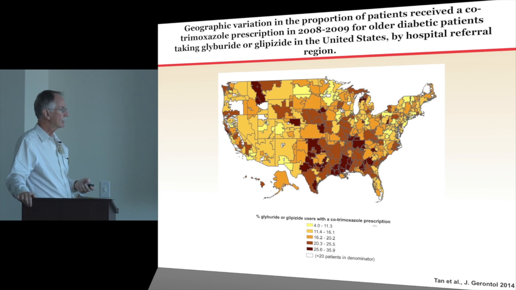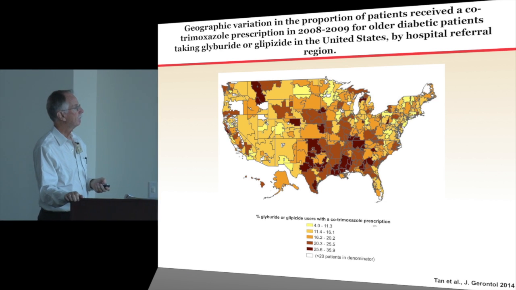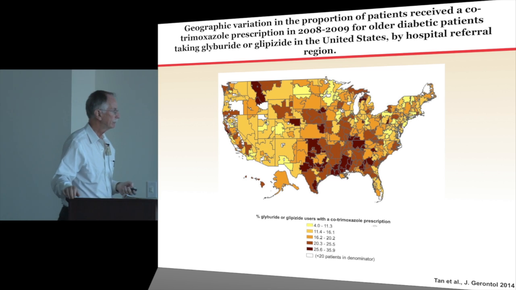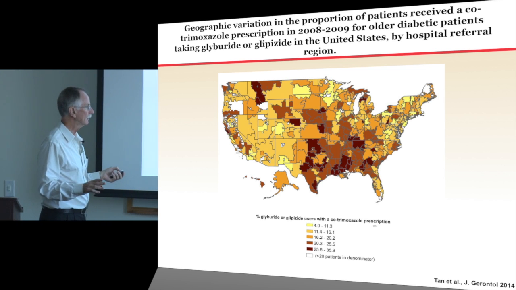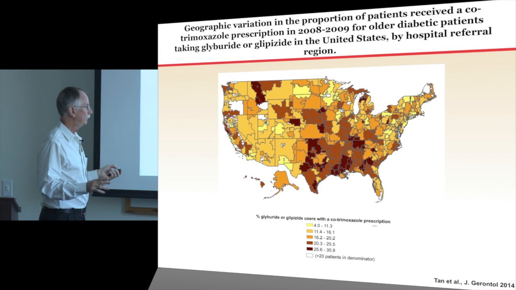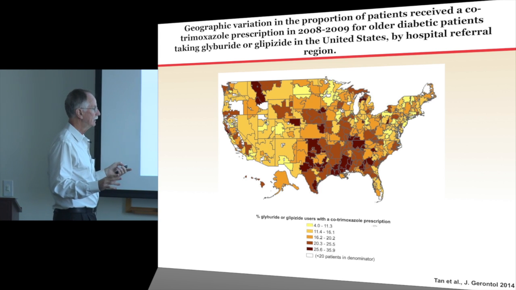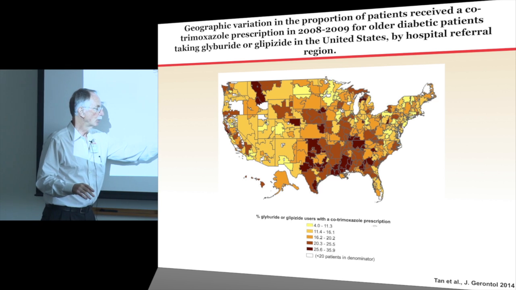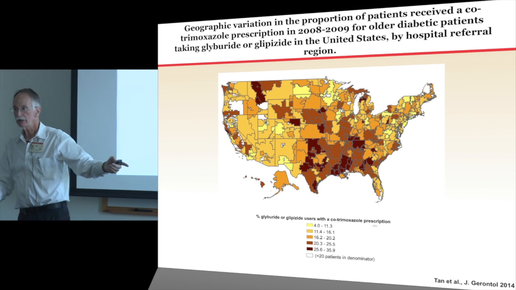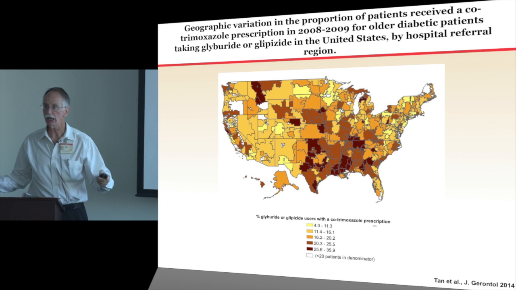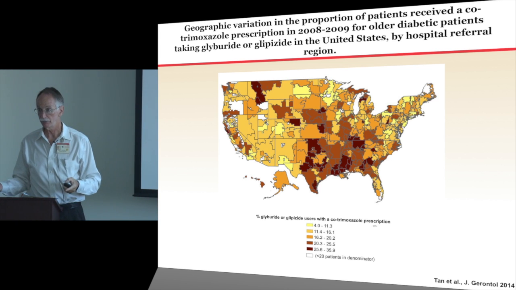So we can do the same thing with national data. So this is national 5% data. Here all we're looking at is prevalence of people who were on glipizide or glyburide who just got Bactrim. Not who got any of these drugs, but who just got sulfamethoxazole trimethoprim, okay?